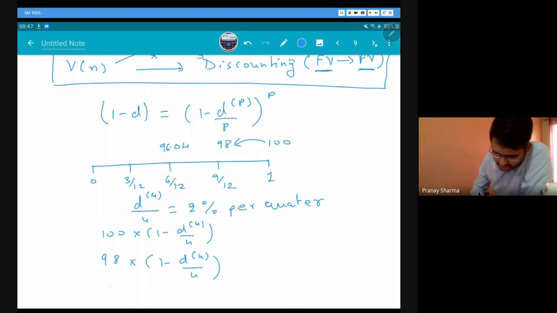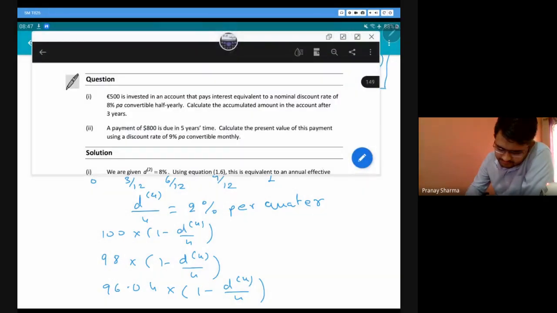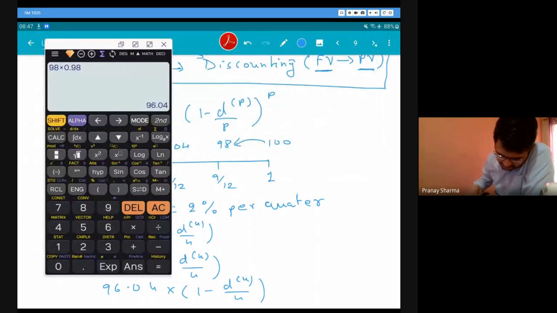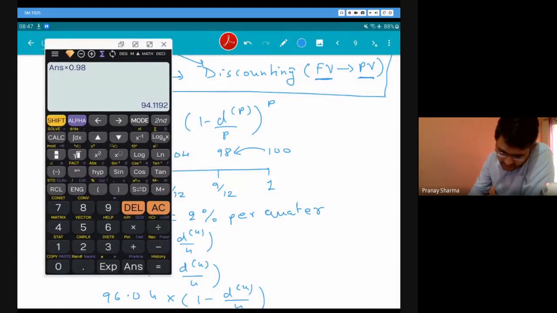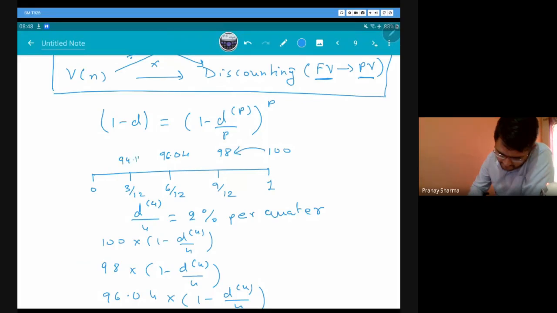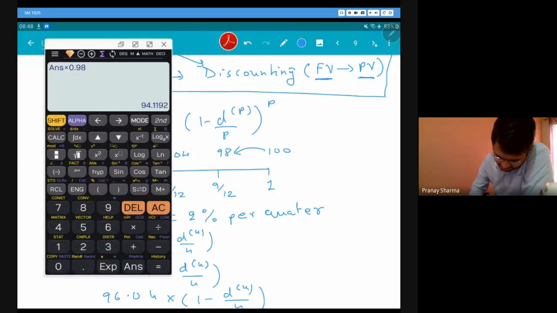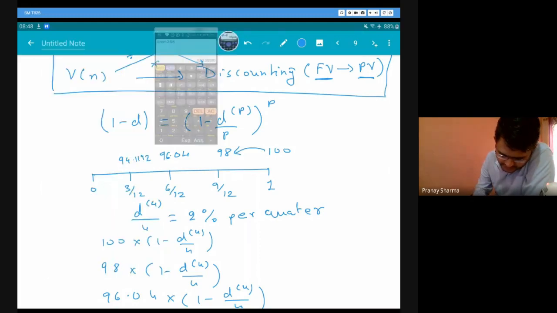Then again, if I discount for one quarter, 96.04 into 1 minus d4 by 4, and when we discount it one more time, we'll have 92.236816.